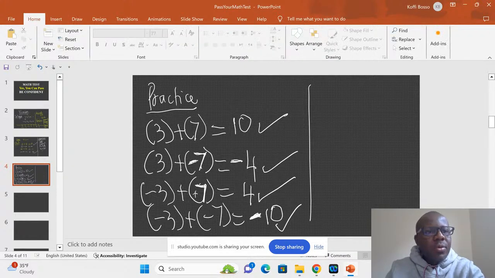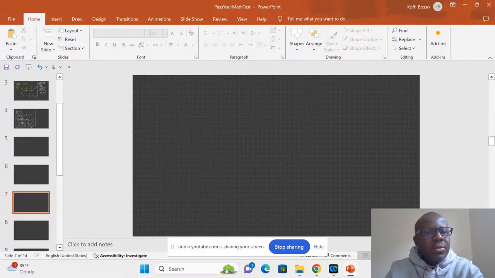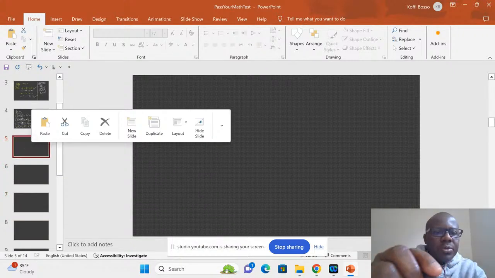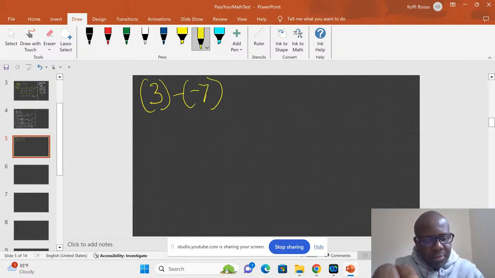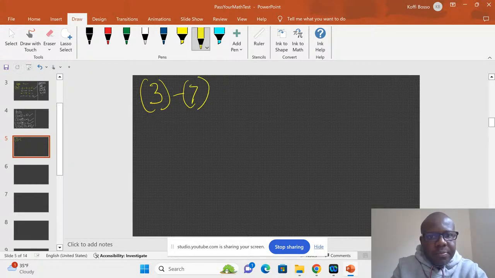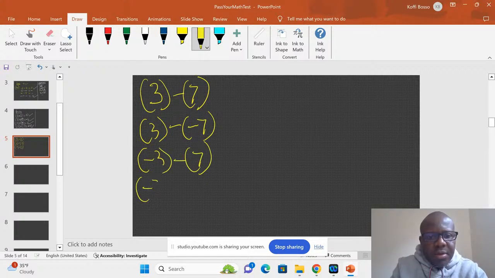So this time I want to do subtraction between numbers. I take the same 3 and 7. So 3 minus 7, 3 minus negative 7, negative 3 minus 7, negative 3 minus negative 7.